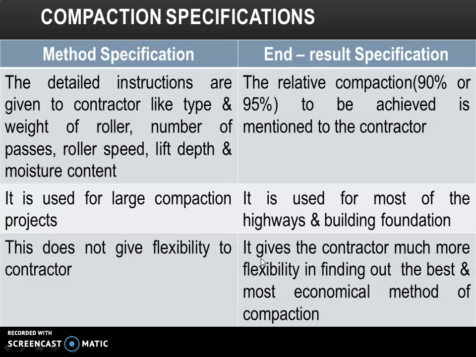Whereas end result specification gives the contractor more flexibility in finding out the best and most economical method of compaction, and he will be only given the value of relative compaction to be achieved.